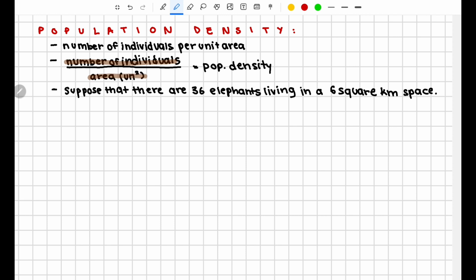Plug everything in and calculate the population density for this specific population. Alright, let's calculate. We know that population density is the number of individuals over the area, which is units squared. We have the number of individuals is 36.